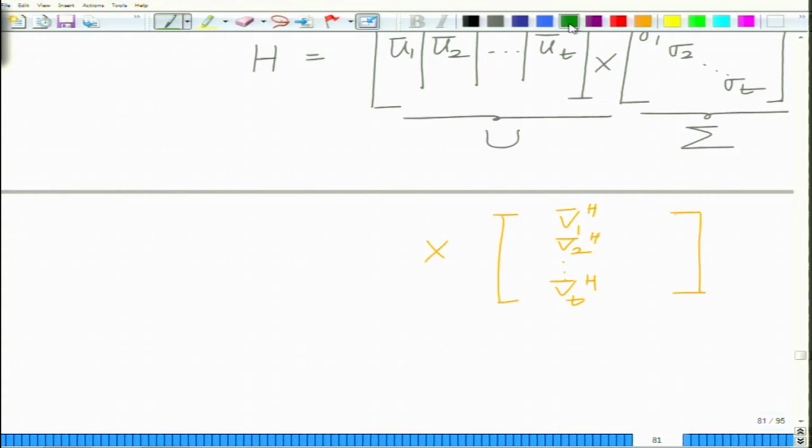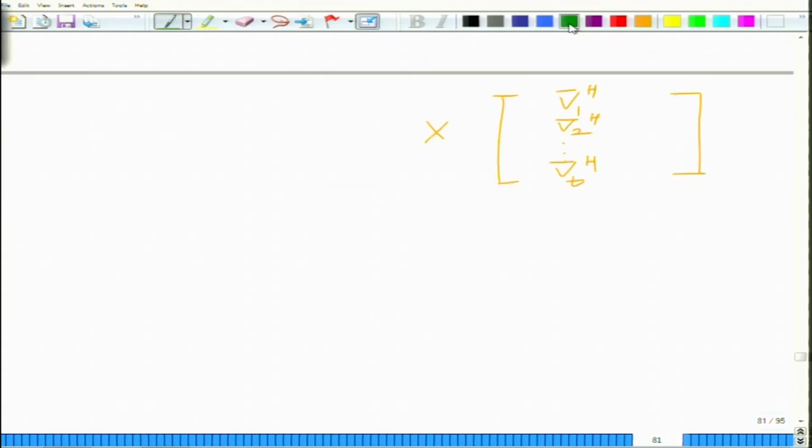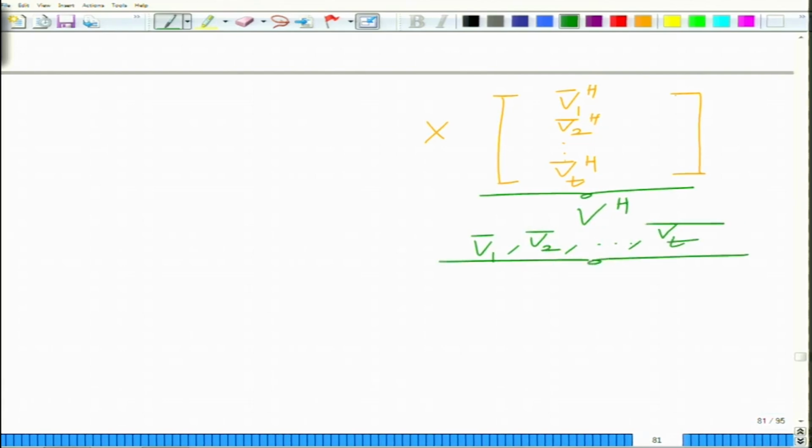So this is your V Hermitian: V1 bar, V2 bar, up to VT bar, which are orthonormal rows.